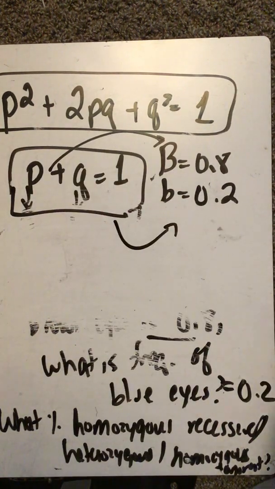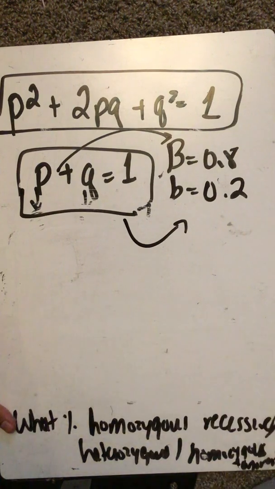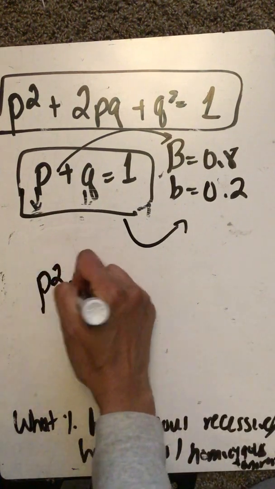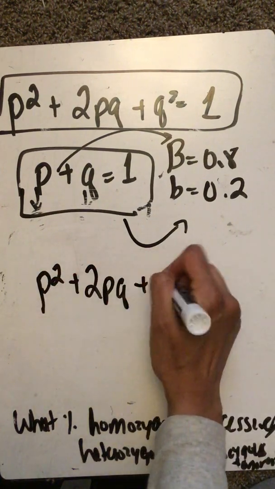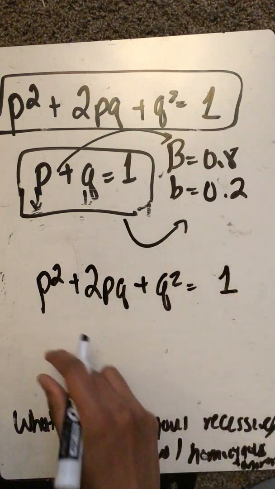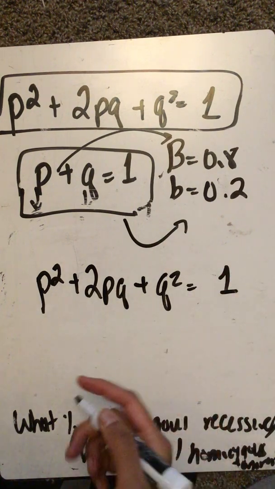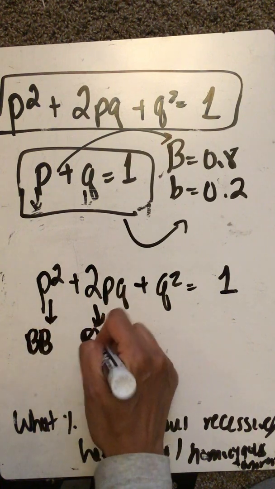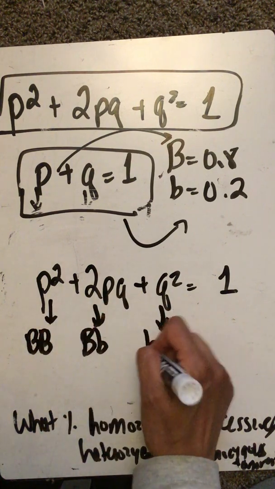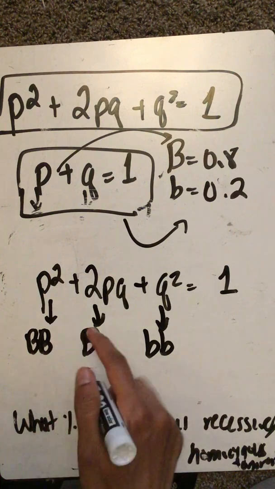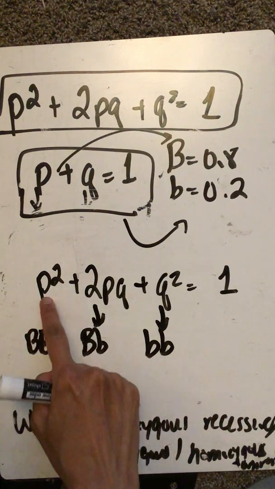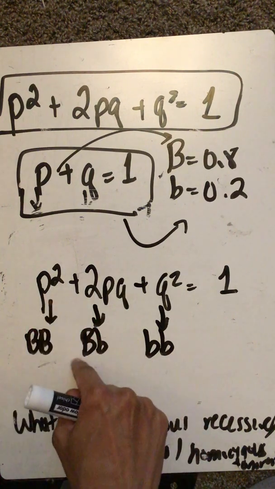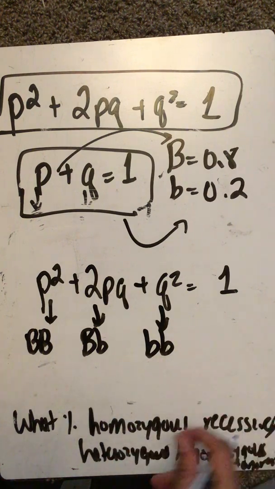So with p squared plus 2pq plus q squared is equal to 1, what's p squared? As I told you in the last lesson, p squared is homozygous dominant, 2pq is heterozygous, and q squared is homozygous recessive.